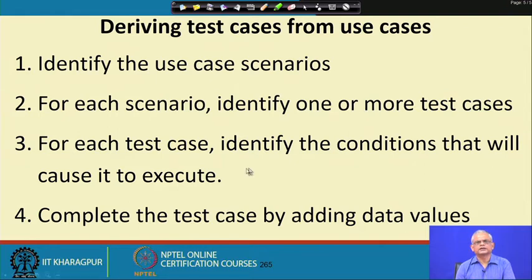Then we identify the test data, and also identify the state at which the system should be there for the test data to be entered, that is, identify the conditions that will cause this to execute, and then complete the test cases by adding the data values.